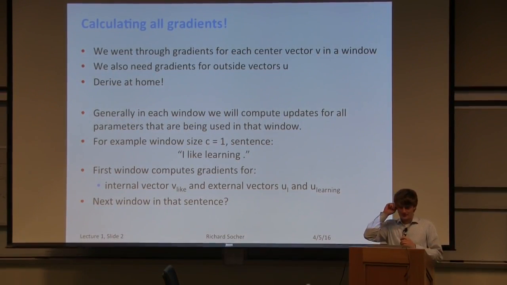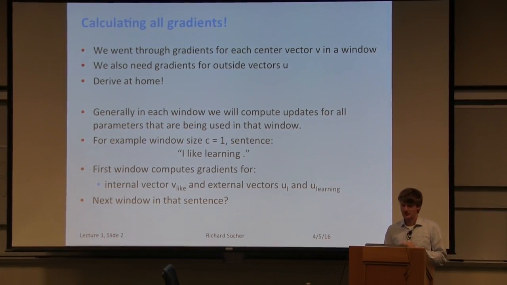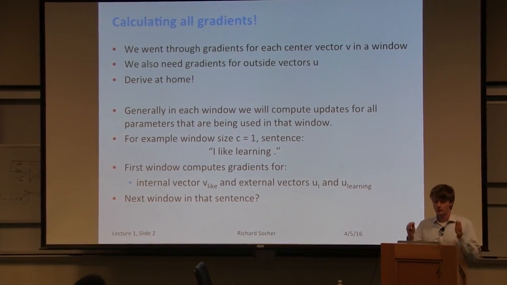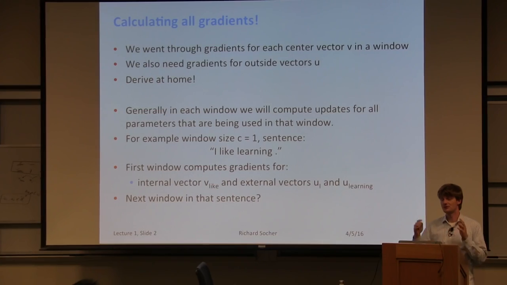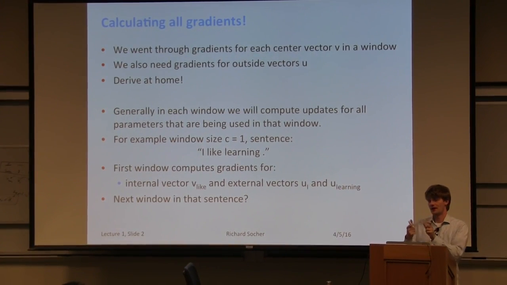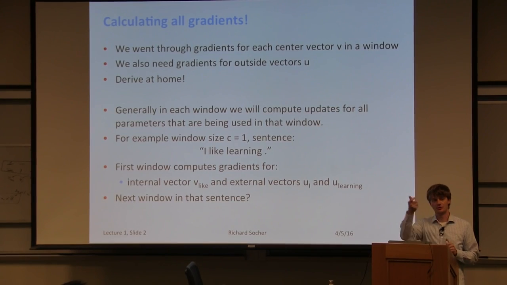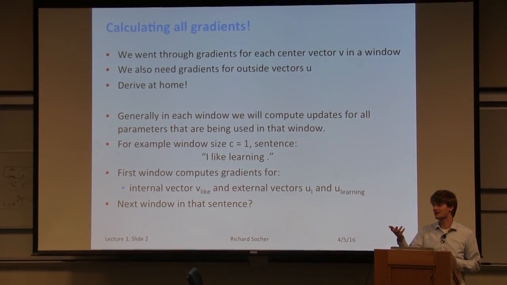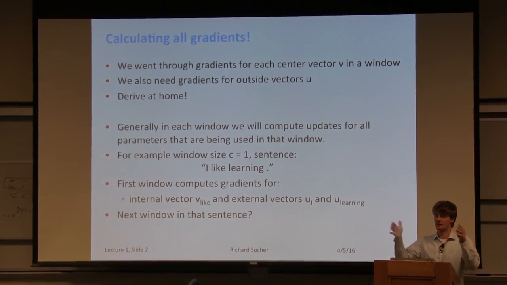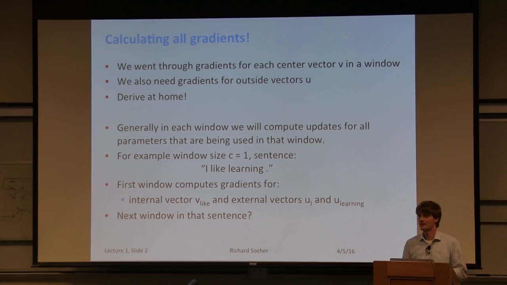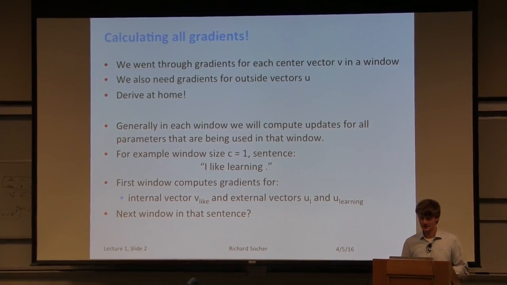Okay, so generally in each window we'll compute the updates for all the parameters that are being used in that window. It'll mostly be all the outside vectors and the one inside vector. And then you move one over. Now what used to be an outside vector will be an inside vector, and some of the outside vectors, depending on your window size, might still be shared in each window.